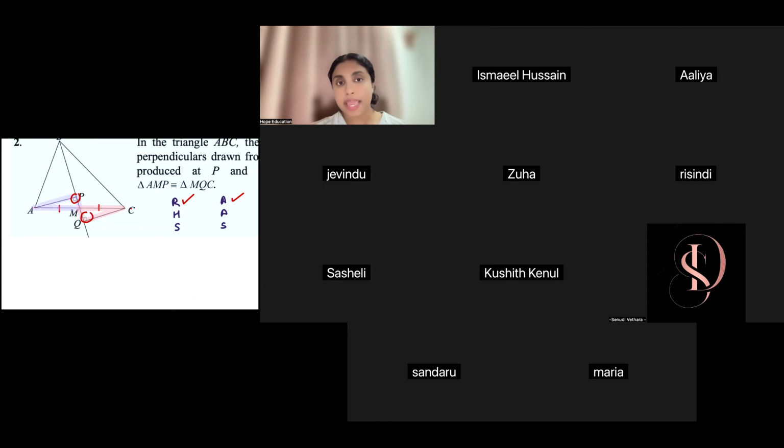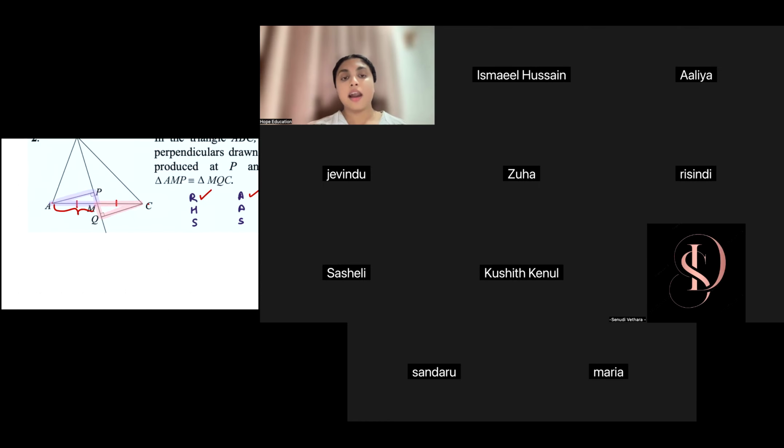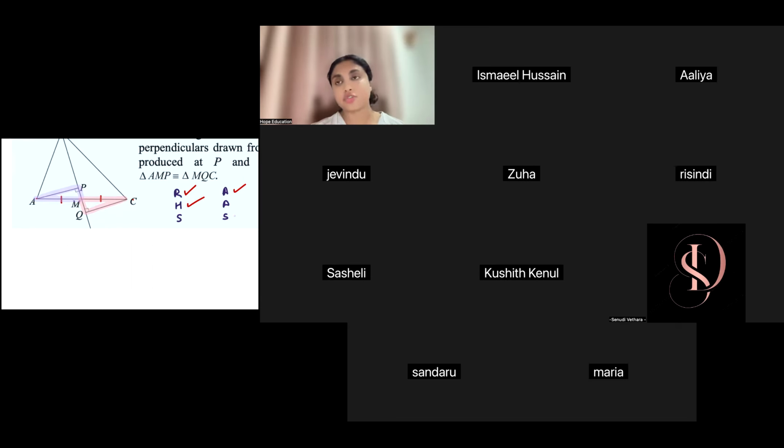If I used AAS, I would take this as the equal angle. Then AM equals MC: in the RHS case that's the hypotenuse, but in the AAS case it's just a side. Doesn't matter whether it's a hypotenuse or not, it's just a side.